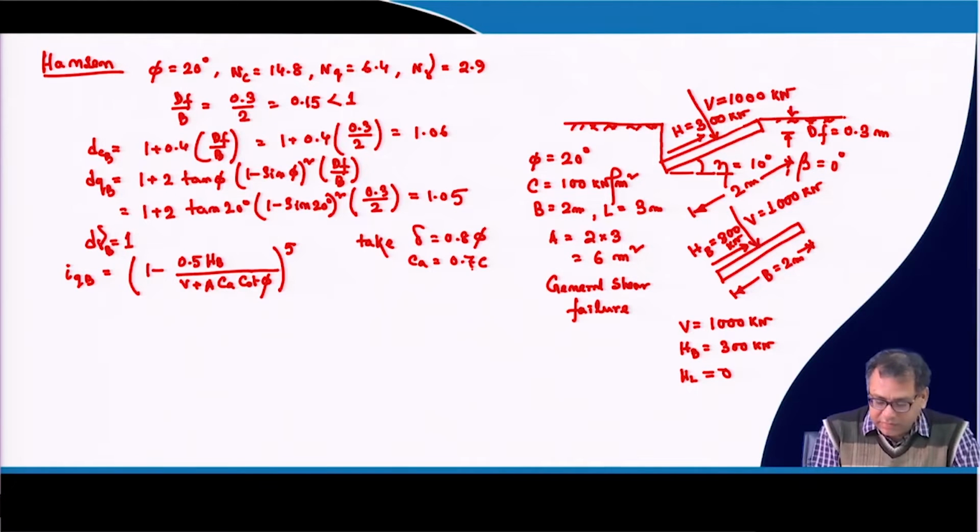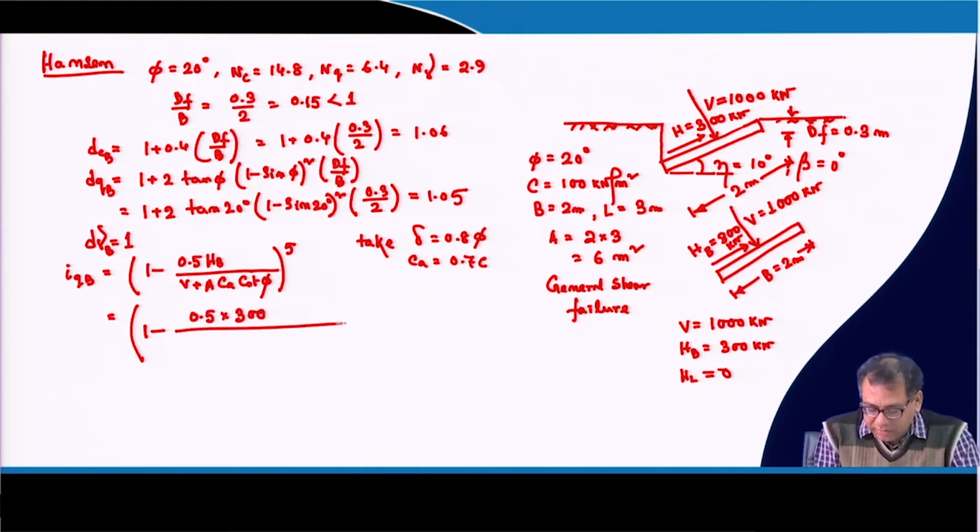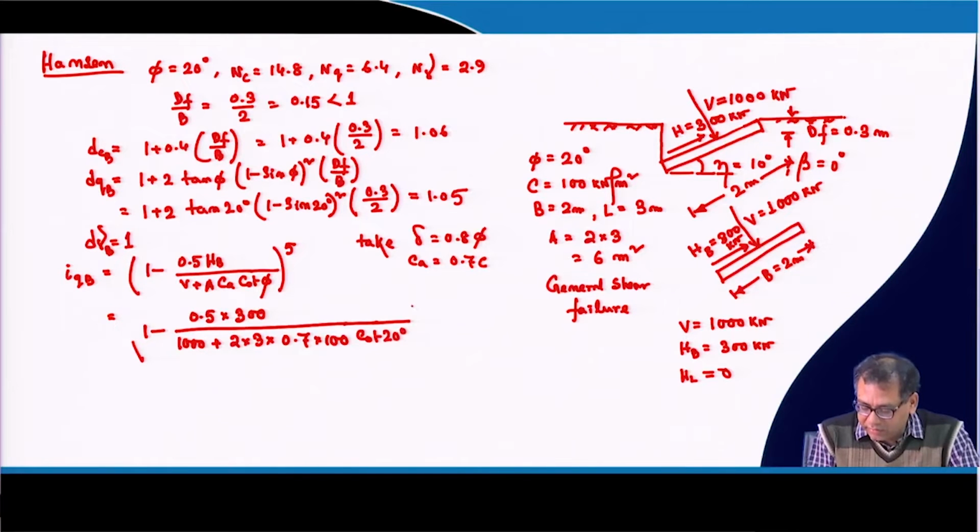So, this is 0.7c. Finally, I will get 1 minus 0.5 Hb, which is 300, over V, which is 1000, plus area, which is 2 into 3, times 0.7 into 100, because the c value is 100, times cot 20 degrees, to the power 5. So, this is coming out to be 0.7.